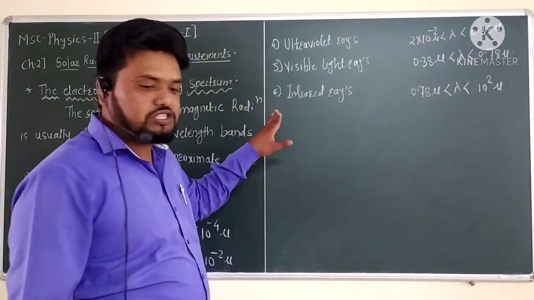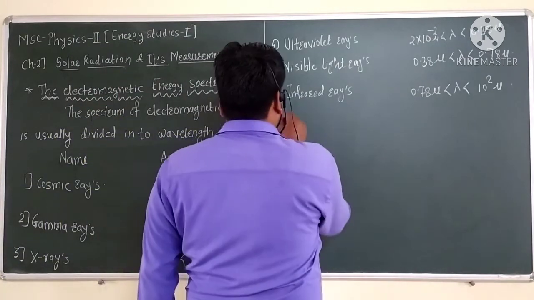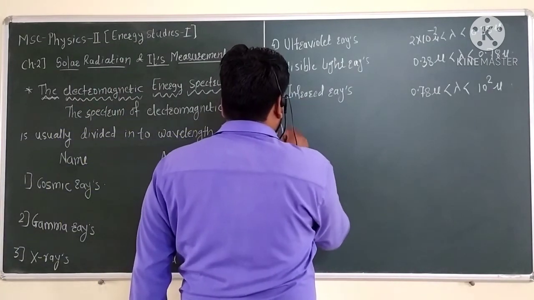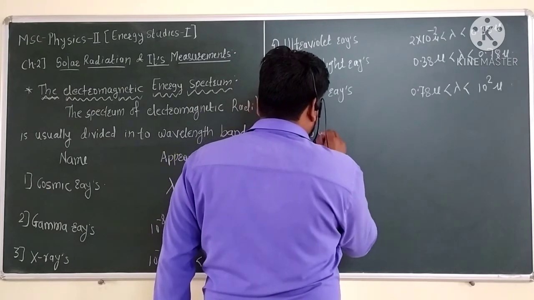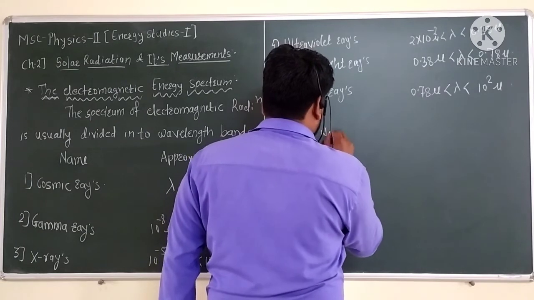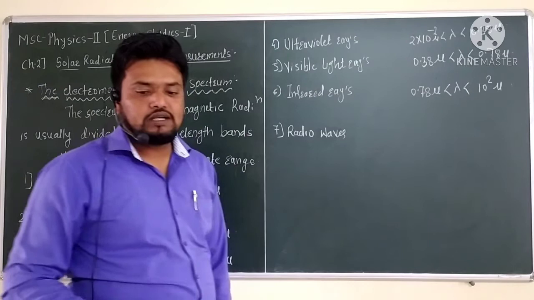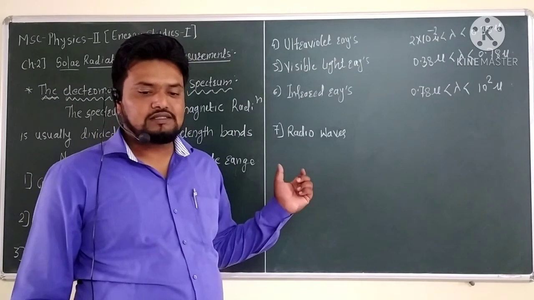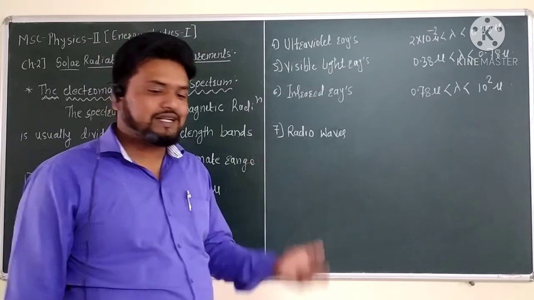The next type is the radio waves, and the specific range of these radio waves is 10 to the power 2 micron to 10 to the power 10 micron.